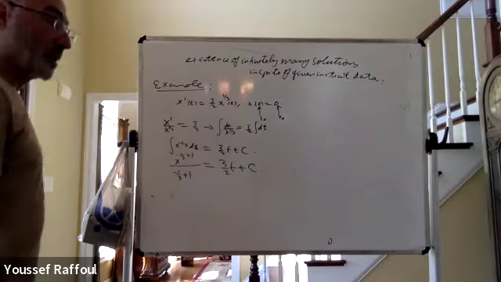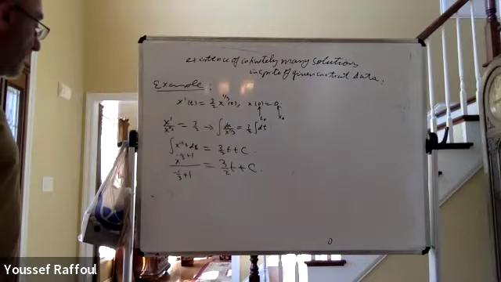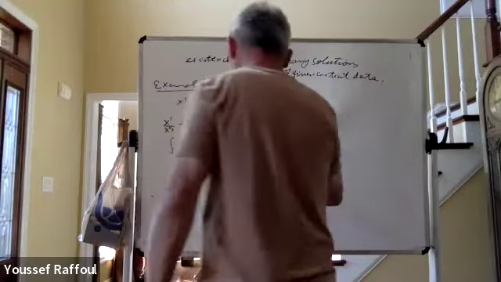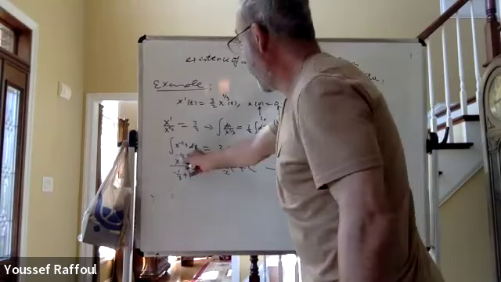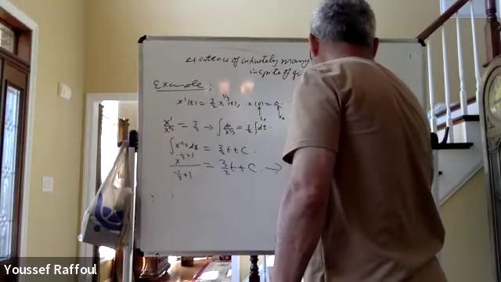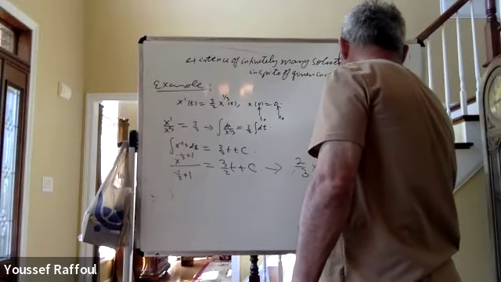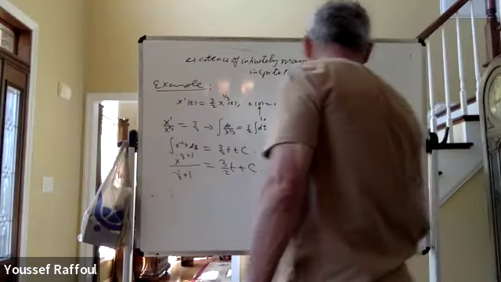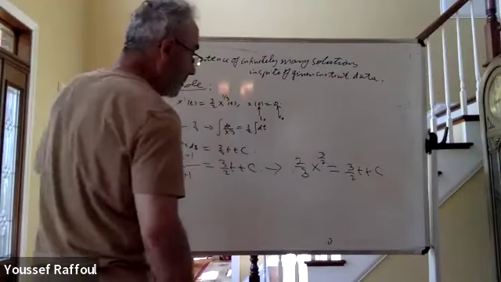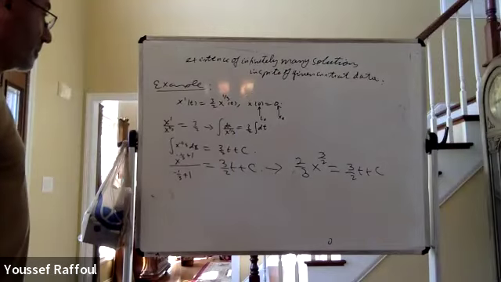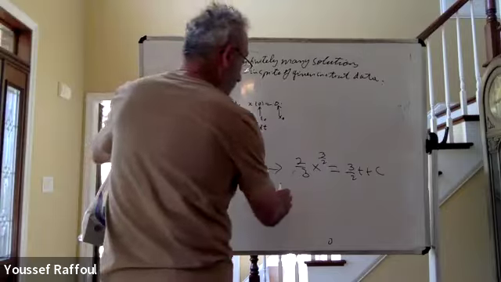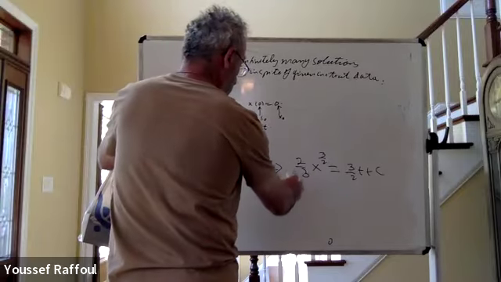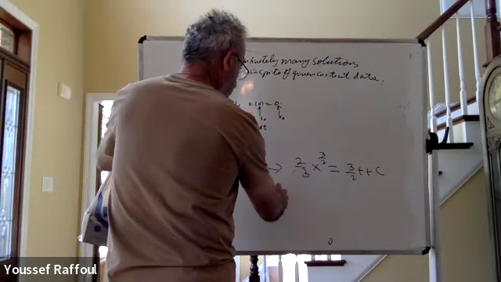So minus 1/3 plus 1 is 3/2, so it becomes 2/3. Multiply by 3.5.